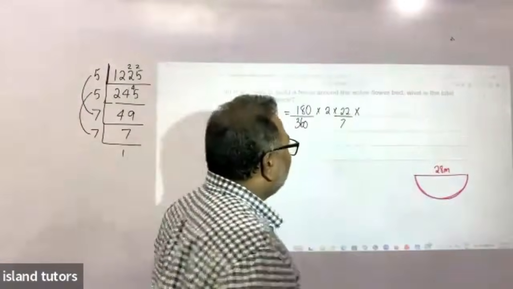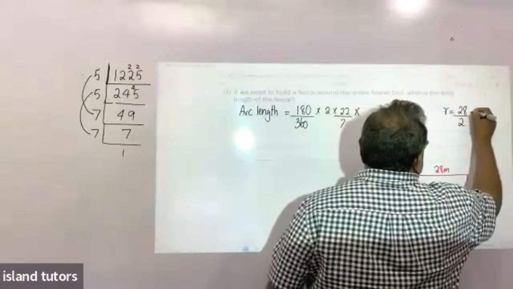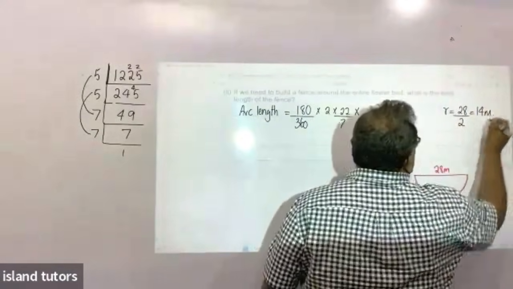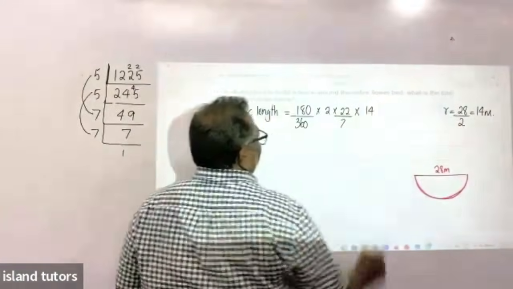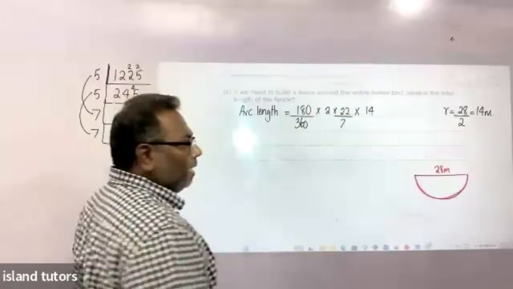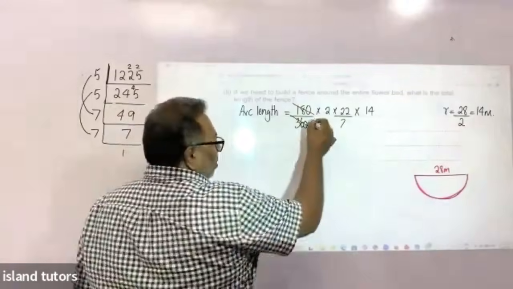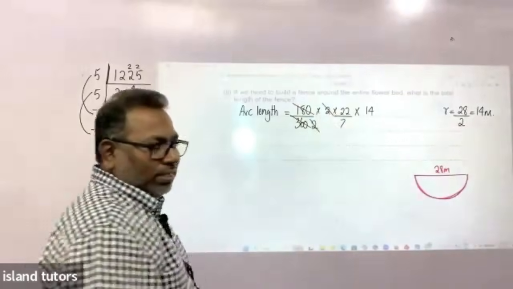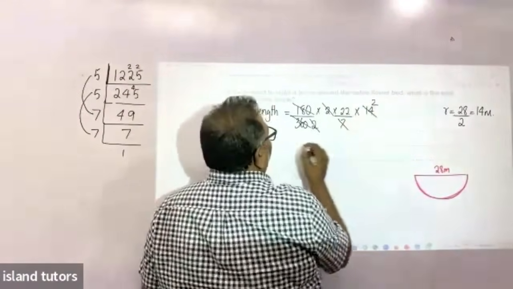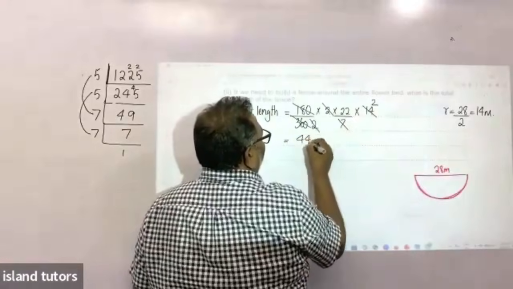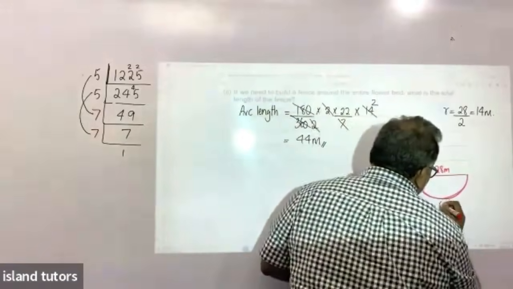Diameter is 28, then radius is how much? 28 divided by 2, which is 14 meters. Okay, so this is going to be 14. Simplify 180 and 360 to this 2 and this 2 cancels. 7 and 14 simplified. So totally 44 meters. That is this.